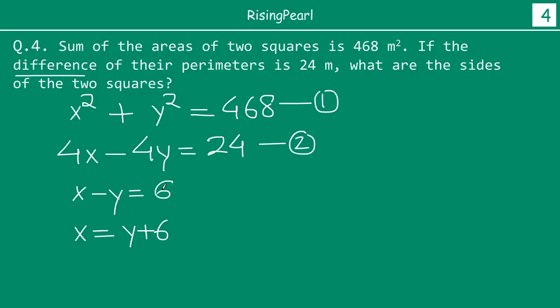Now why did we do this? The reason is that we want to replace x in equation 1 by this value, so that equation 1 has only y as the variable, so we can solve for it. So the first equation is x square plus y square equals 468, right?